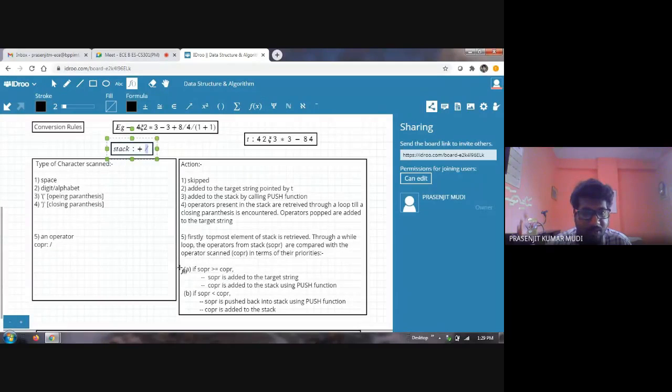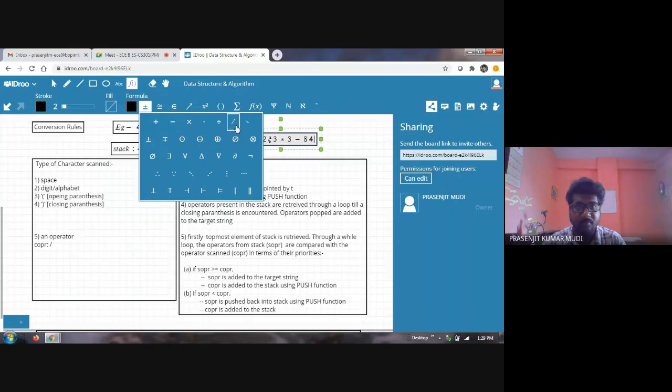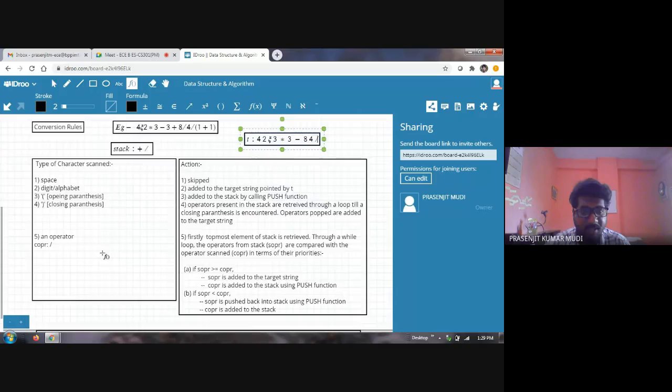Okay, so we found that SOPR is greater than or equal to COPR. So SOPR means this division will go to target string. Okay, and this SOPR, COPR means division is added to the stack using push function.